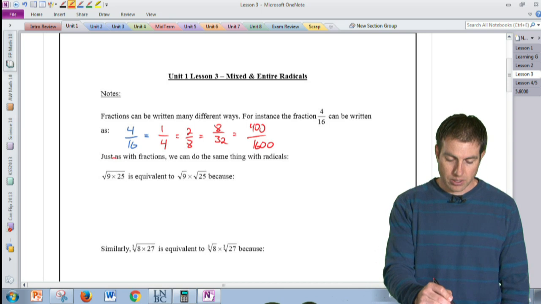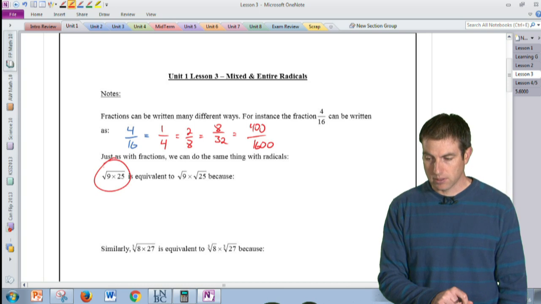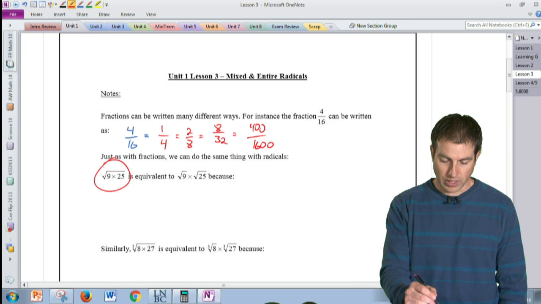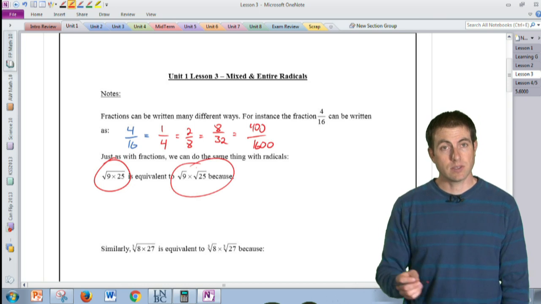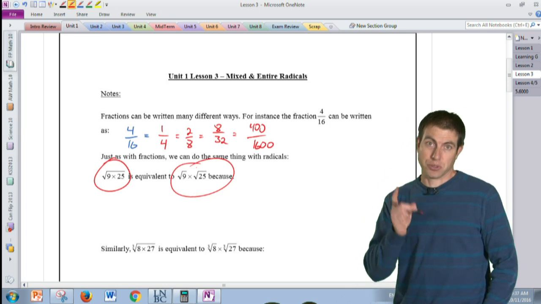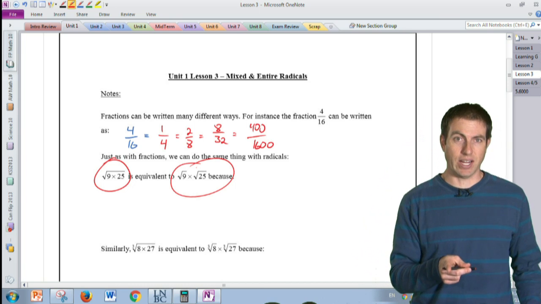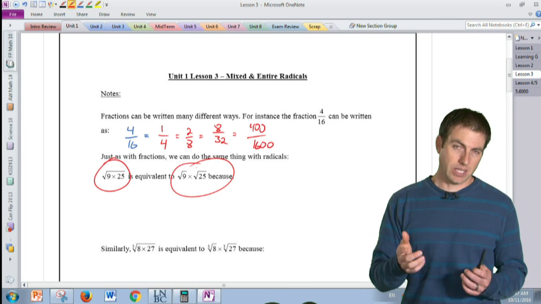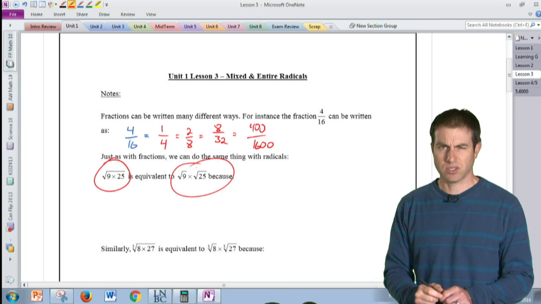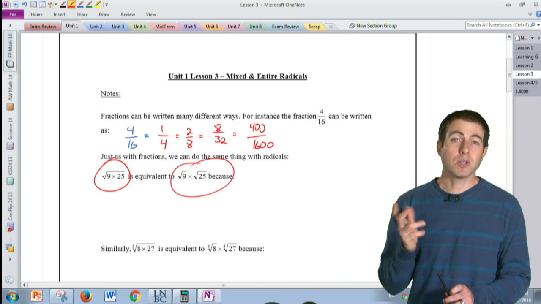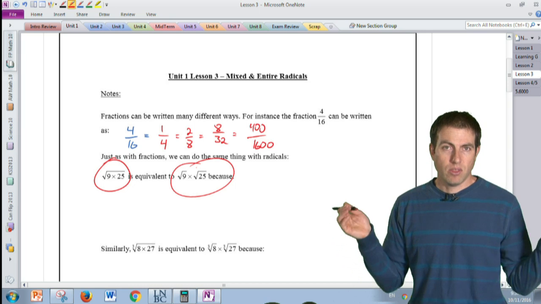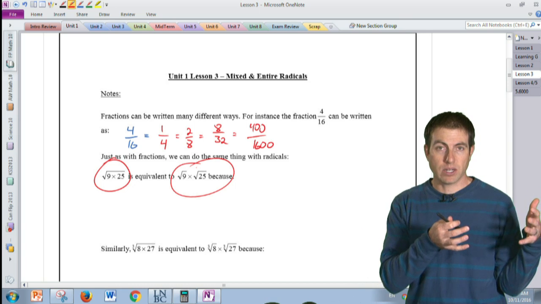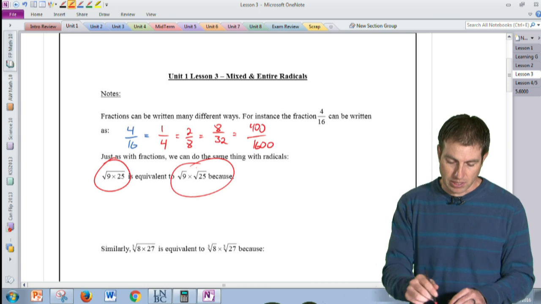It doesn't matter if I write them like this or if I write them like this. I get the same thing. That is not true of addition and subtraction under a radical sign, which is extremely important. But as long as I have multiplication, or technically division, well, let's just stick with multiplication for now. As long as I have multiplication under a radical sign, they can be all under one radical, or we can split them up, and I'm going to get the same thing.